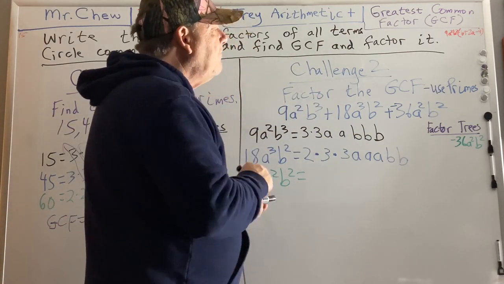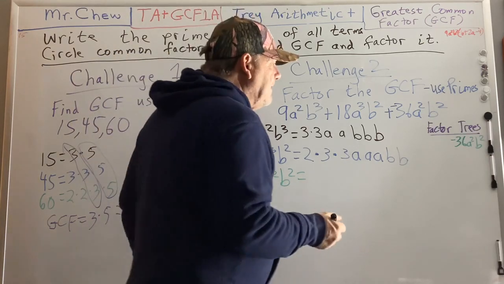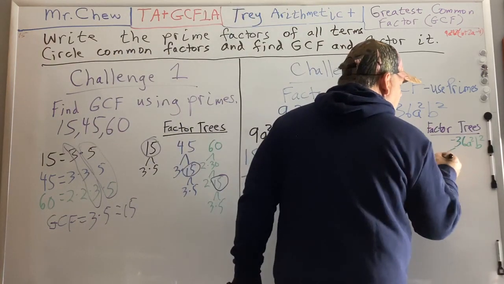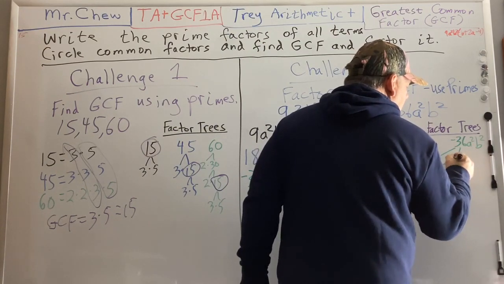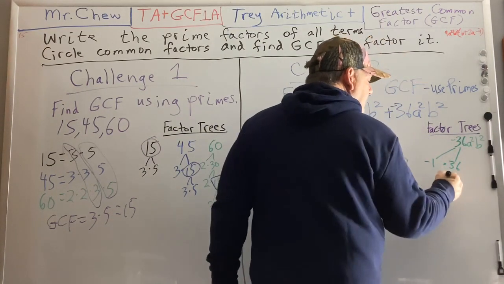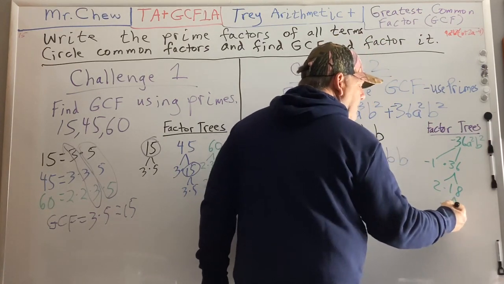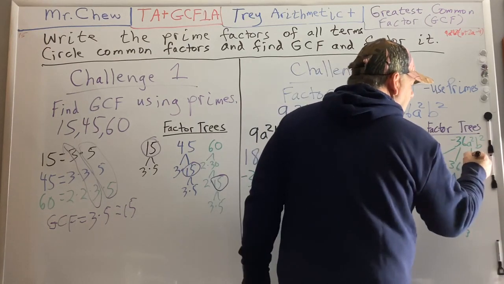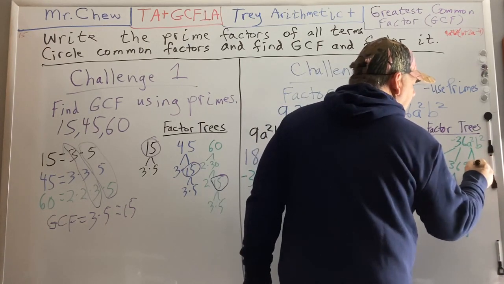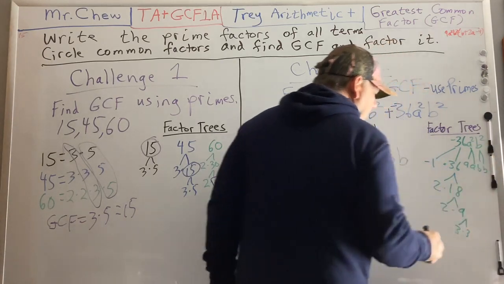Now, my negative 36 A squared B. That one is a little bit different because you have to first factor out the negative 1. And then times 36. Then your 36 is 2 times 18. Your 18 is 2 times 9. And your 9 is 3 times 3. And then we have 2 A's as factors and 2 B's as factors.